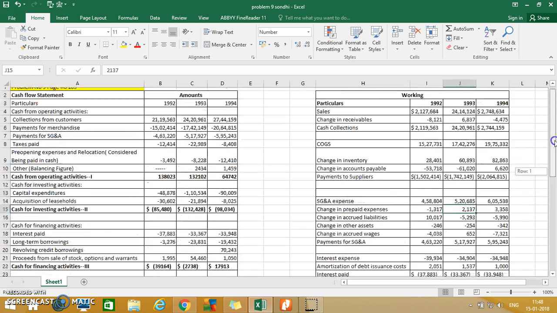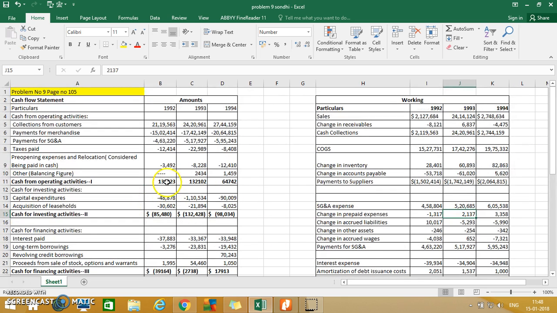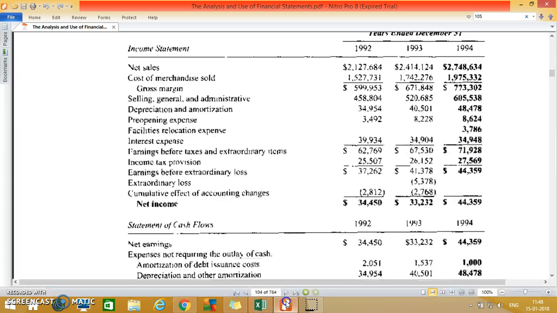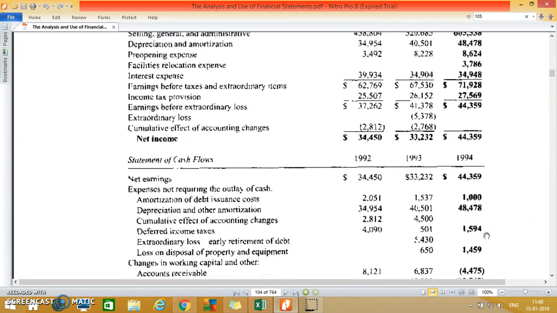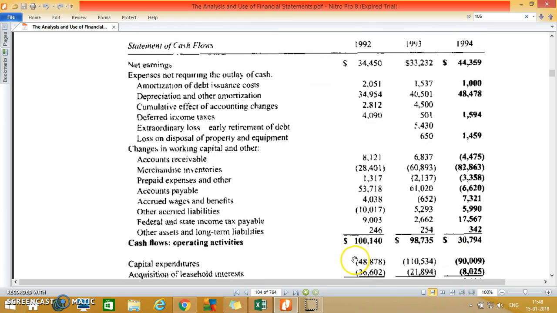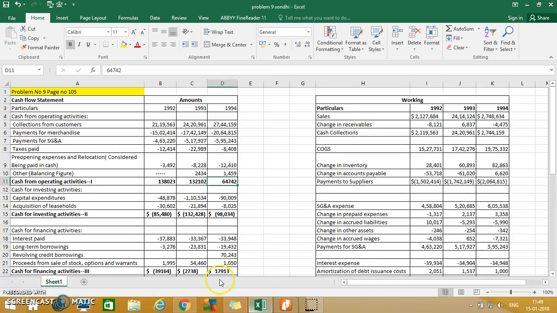If you look at this number, cash from operating activities, go back to your text, and they have given you cash from operating activities as $100 billion, $98 billion, and $30 billion. But that has not been the case here.